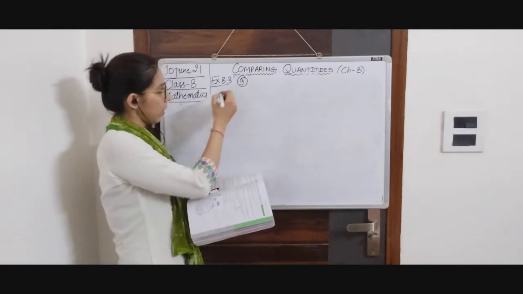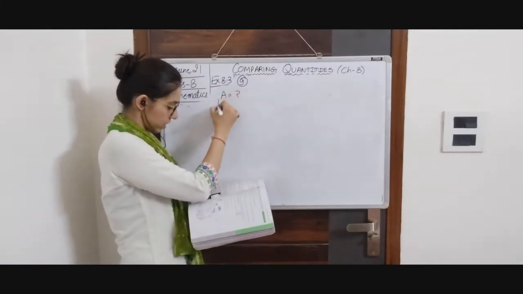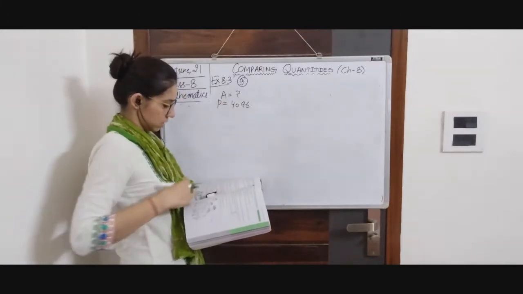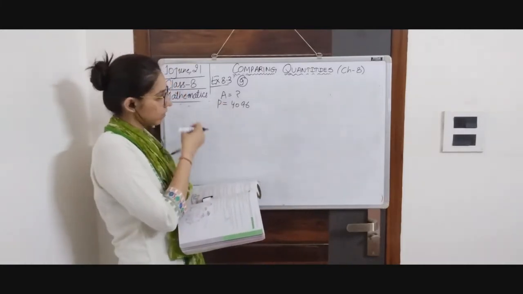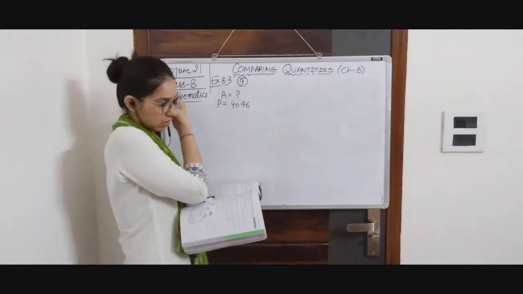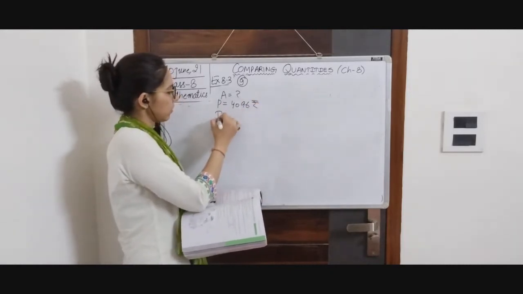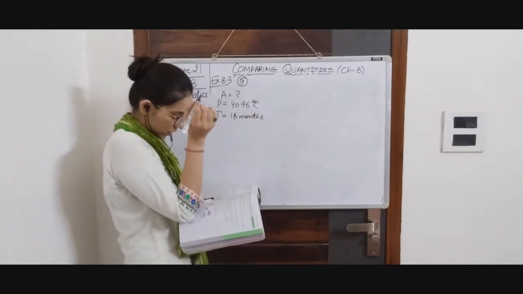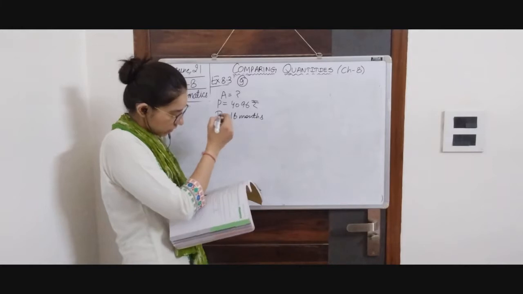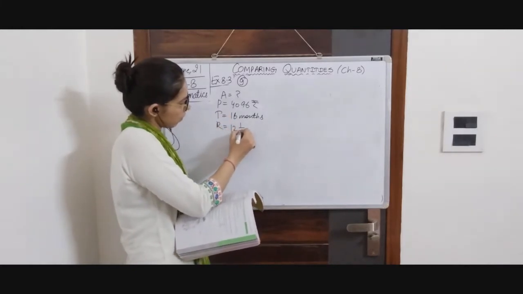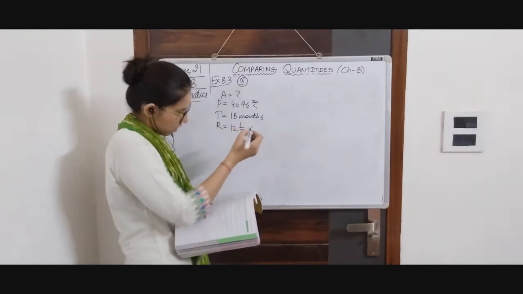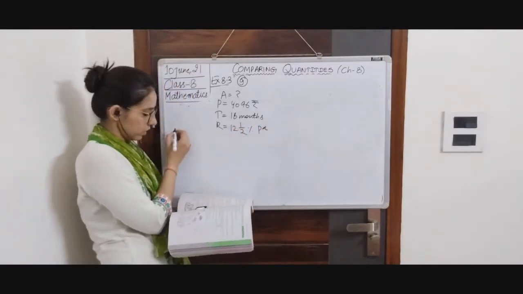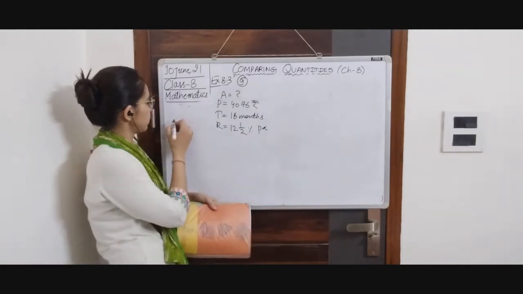We have to find the amount when principal is 4096 and time period is 18 months, and rate is 12 and 1 by 2 per annum. Interest being compounded half yearly.